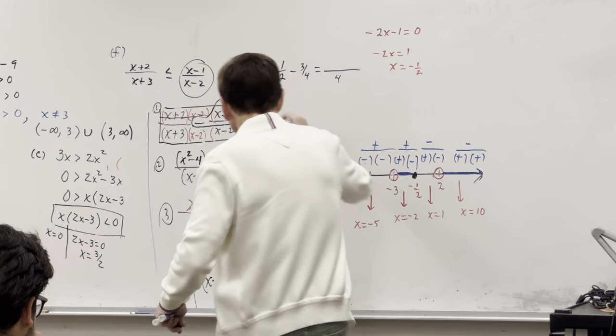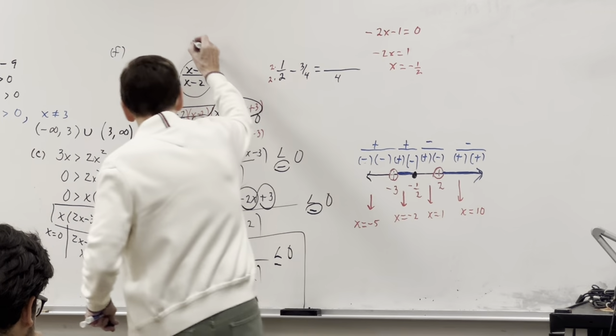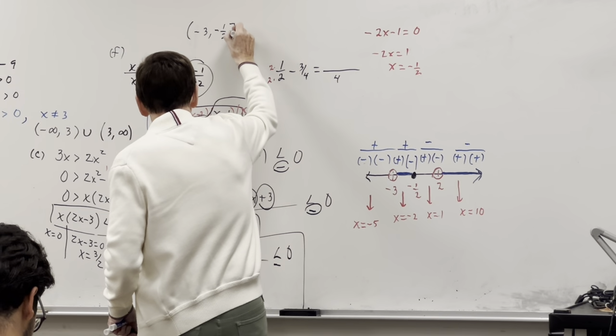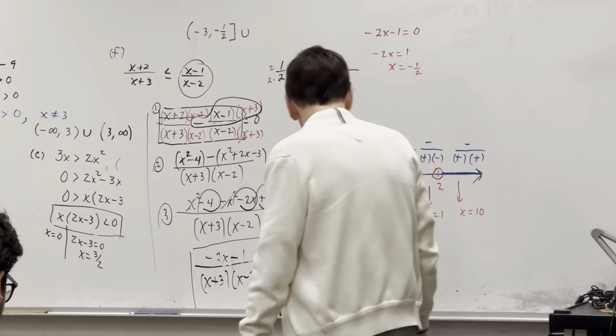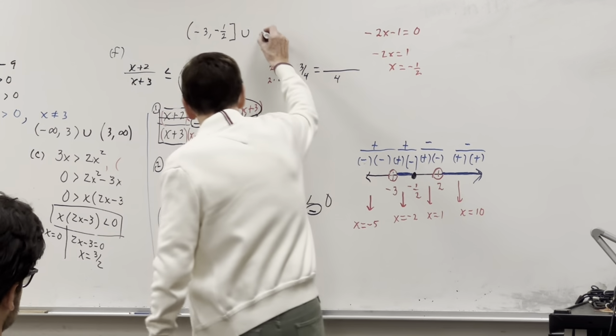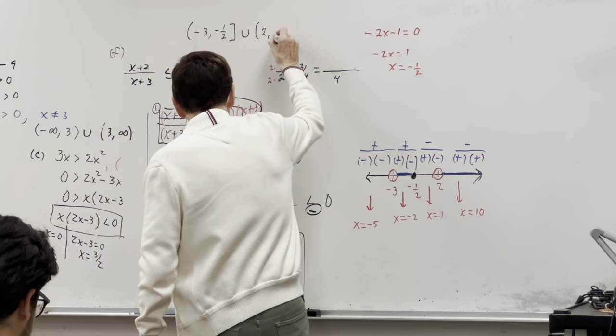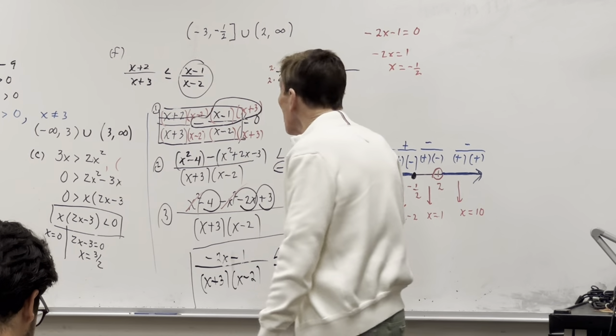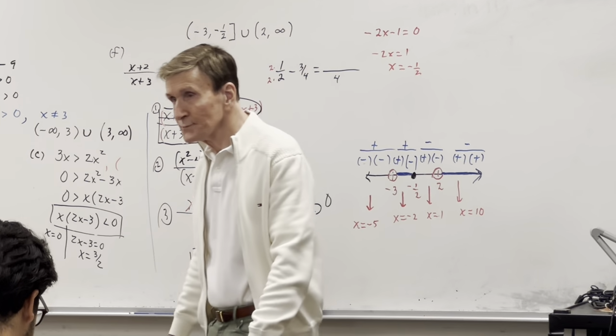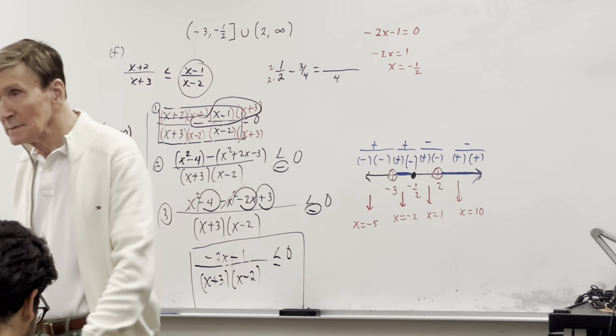Open parentheses -3, comma, -1/2 with a bracket. Look at that. Union, open parentheses 2, comma, infinity, close parentheses. Perfect.